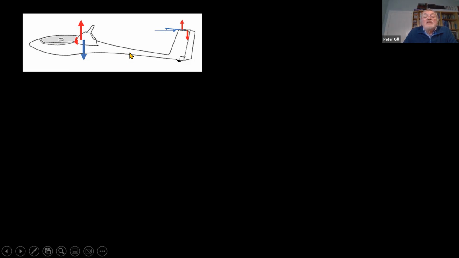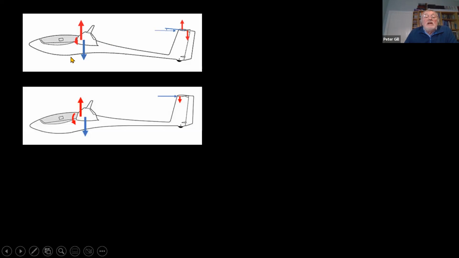So slow flight is not very efficient. The other thing that's not very good is the glider itself, the fuselage, is presented at less than the optimum angle to the airflow. So now this glider is producing more drag, partly from the tailplane and partly because the airflow is bad.